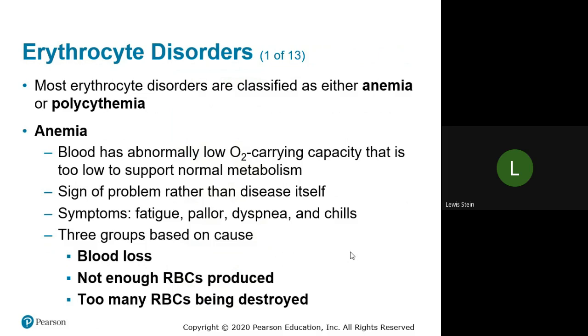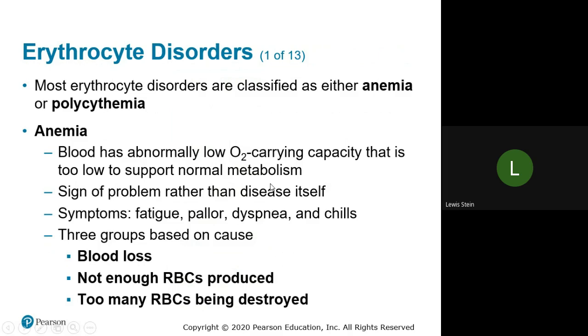And any altitude would be greater in another city depending on where they are, whether it's Mexico City, which is quite a bit higher, or Salt Lake City, which is a little bit higher. Versus anemias, abnormally low oxygen carrying capacity, too low.